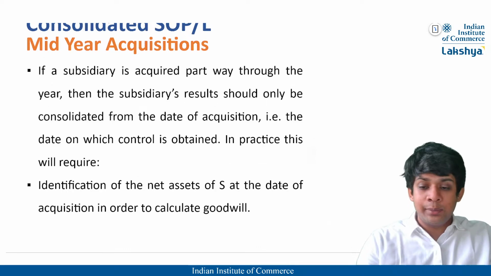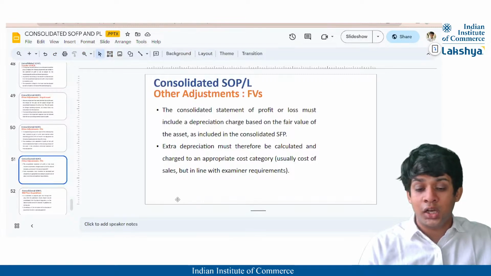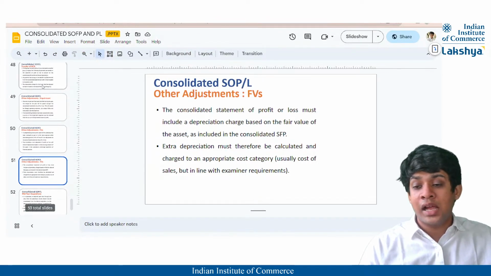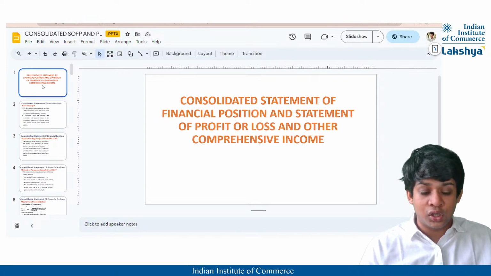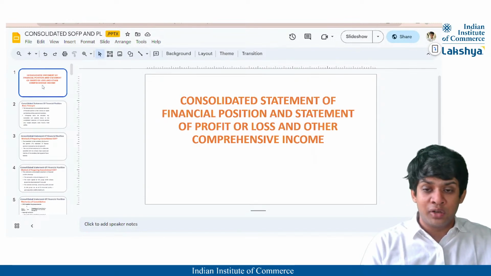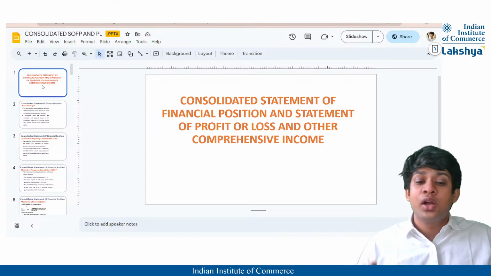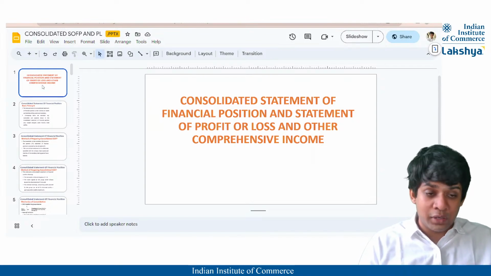So with this, guys, we come to an end of our complete theory chapters, right? It has actually made us understand everything about consolidated statement of profit or loss and consolidated statement of financial position. Now we are going to head on towards our 4 sample questions.